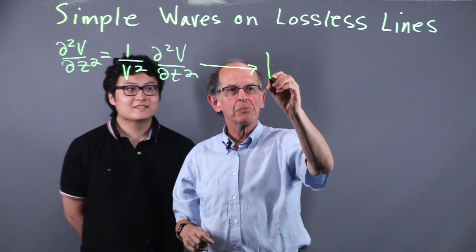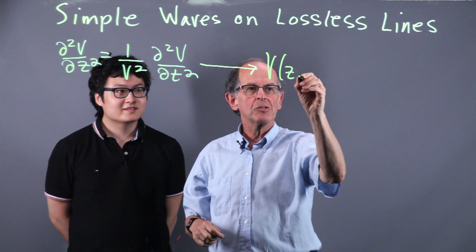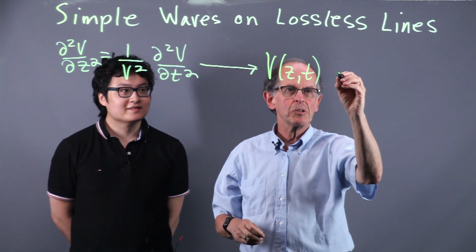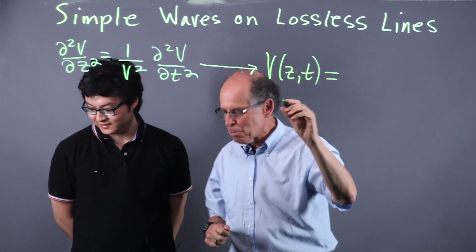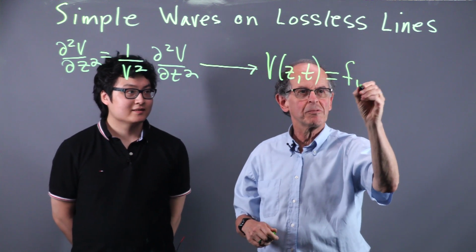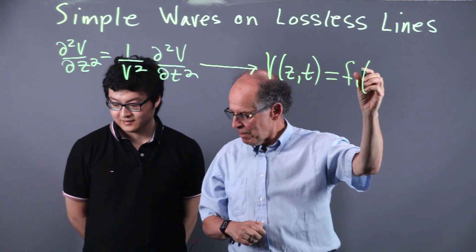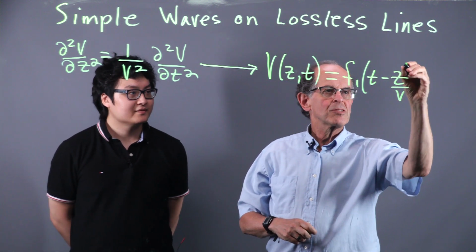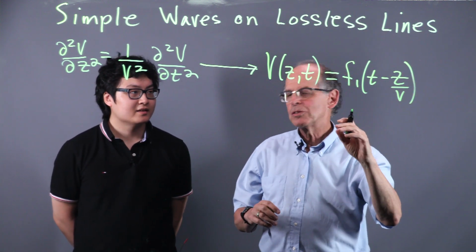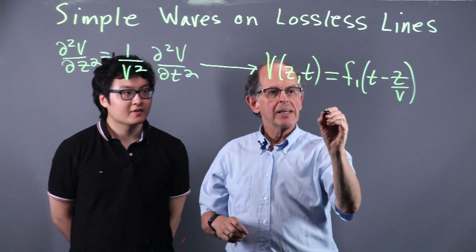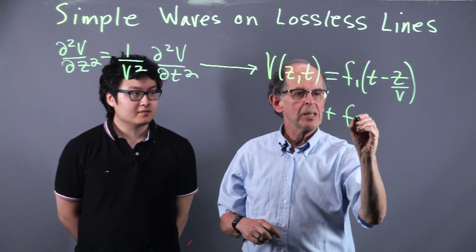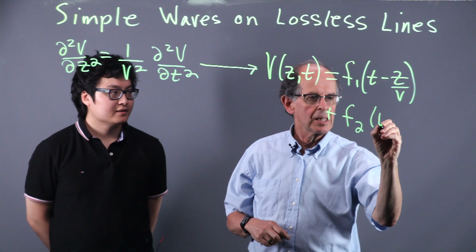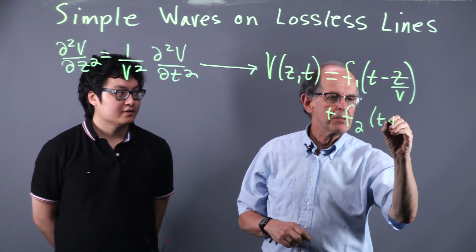So we know from previous analysis that the general description of the wave will be a forward wave, and that was me pushing Sam, so that's F1. You can write it in many forms, but we'll write it like this. That's going to be the wave traveling to the right, plus a wave going to the left, so it's going in the opposite direction.